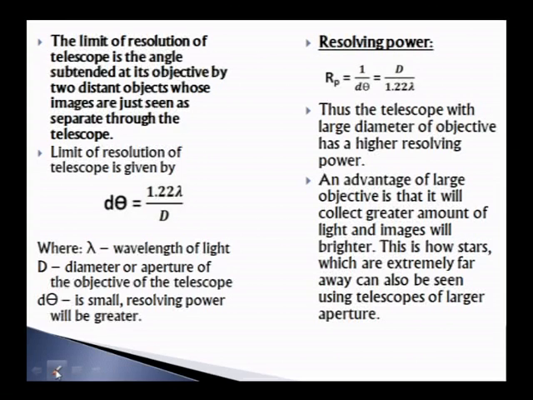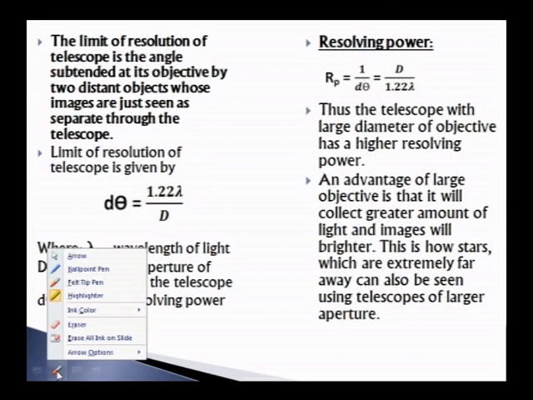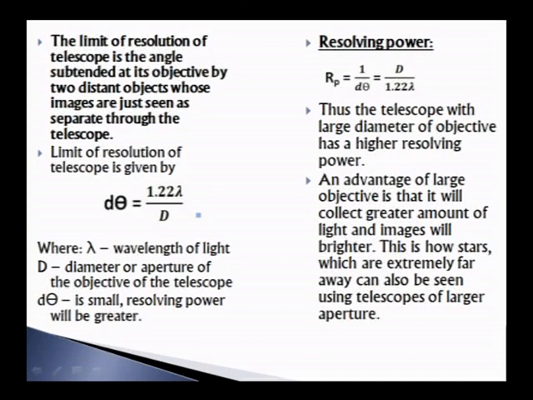Sometimes this diameter d is also called the aperture. So d is also called the aperture, and in this formula you can also replace d by a. Here a is also the aperture, which is nothing but the diameter.